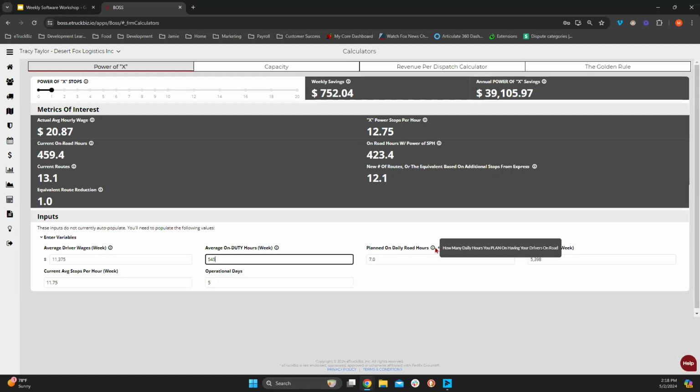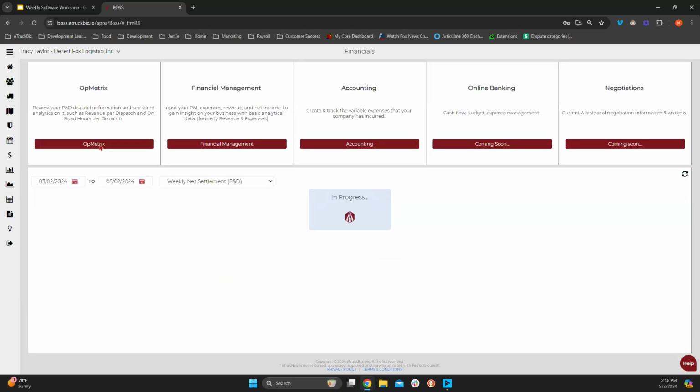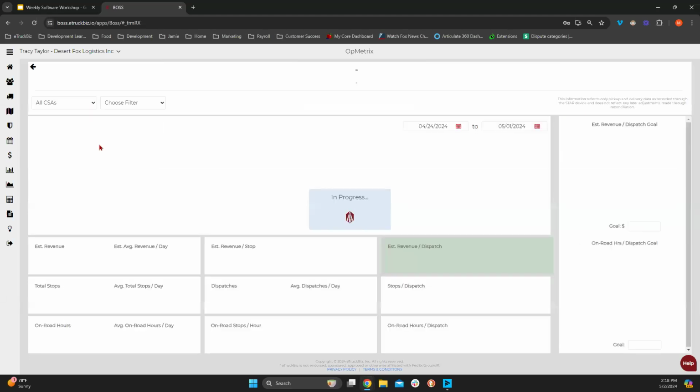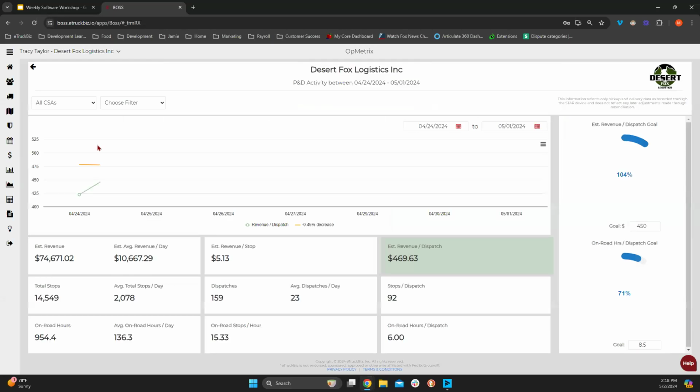What is the new magic number, Ken, that FedEx assumes you should have your drivers out when you negotiate? 8.33. Okay, so you can go in here under financials and go to op metrics, and you can figure out what you're currently averaging to give yourself some type of goal.